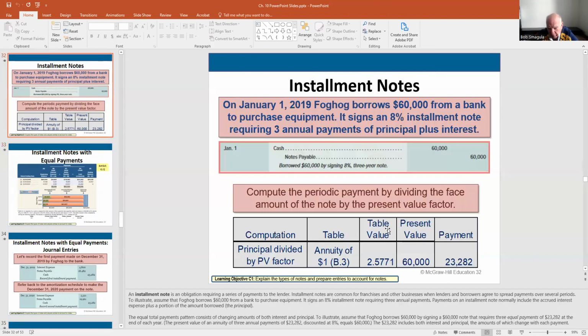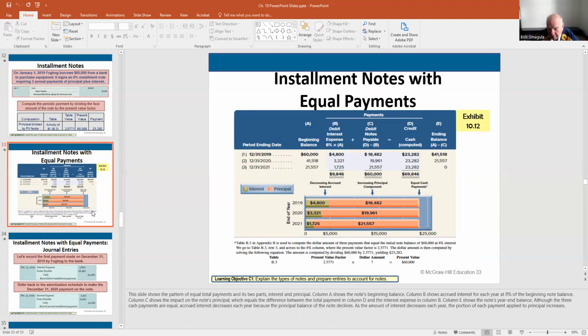Let me go back and make this clear. We have a $60,000 present value amount. If we divide that by the table factor, that tells us what the first payment is. So how much are we going to pay? We computed 23,282. 4,800 of that is interest expense.